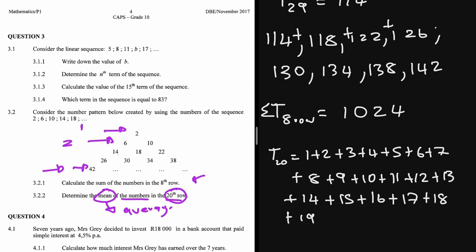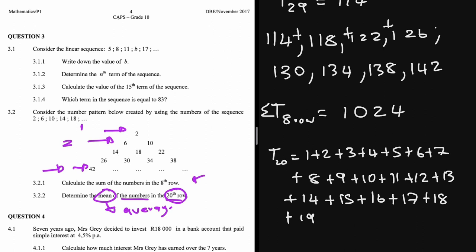Remember, we just stop at 19 so that we can determine the first value of the 20th row. So that is going to be 1 plus 2 plus 3 plus 4 plus 5 plus 6 plus 7 plus 8 plus 9 plus 10 plus 11 plus 12 plus 13 plus 14 plus 15 plus 16 plus 17 plus 18 plus 19.